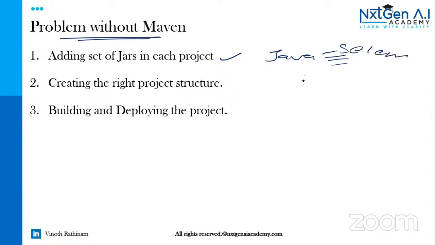Same thing for TestNG, Cucumber. You take any project, we have a lot of jar files. If you want to use Excel, then Apache POI, like this, you have to download the jar files manually and add them in Eclipse. This is not an easy task apart from your coding.